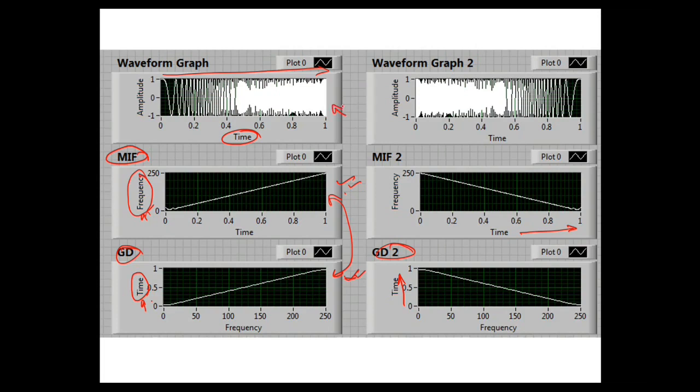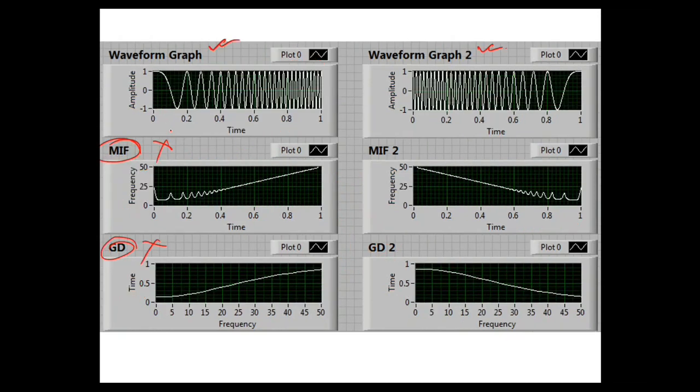Over here, the frequency component is up to 250, time is 1 and frequency is 250. If you come over here, frequency is 50. So our time bandwidth product has been reduced significantly over here. Now in this case, your mean instantaneous frequency and group delay are completely different. Ideally, they should have been the same, but they are different.